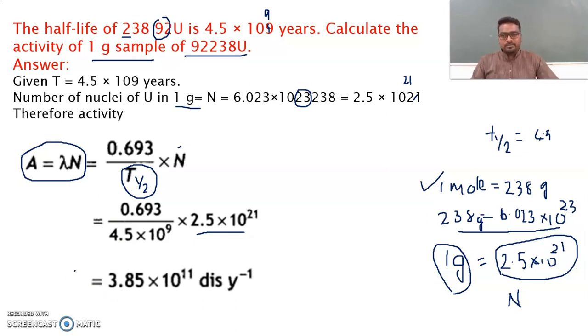That means in 1 year, 3.85 into 10 to the power of 11 uranium atoms undergo disintegration.